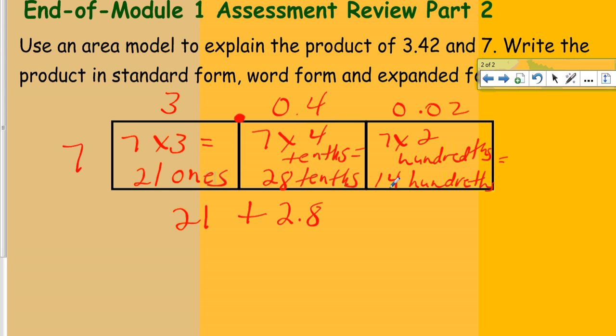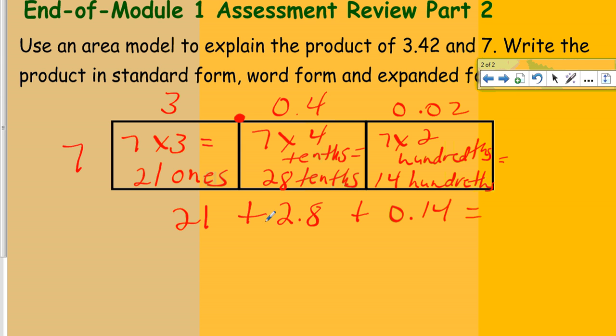Okay, seems pretty simple enough. And finally, we come over here and we're going to add, we have 14 hundredths, which in this case, you just write that how it is, 14 hundredths, which is going to be 0.14. So far, so good? Yes? Okay, 14 hundredths.